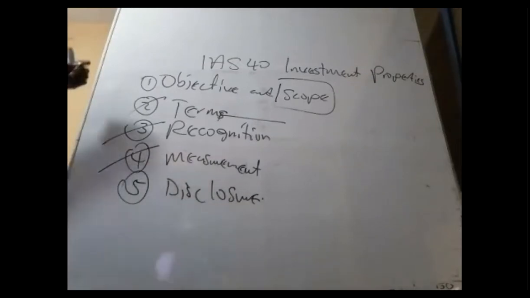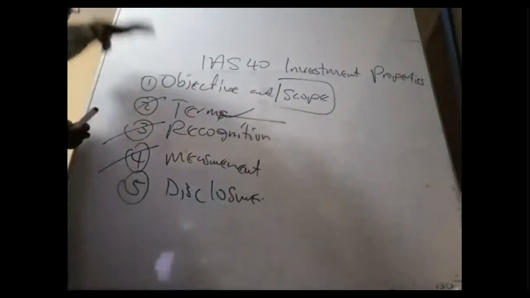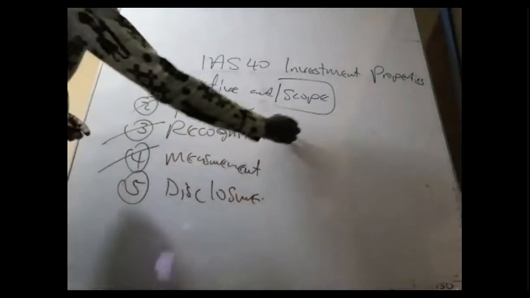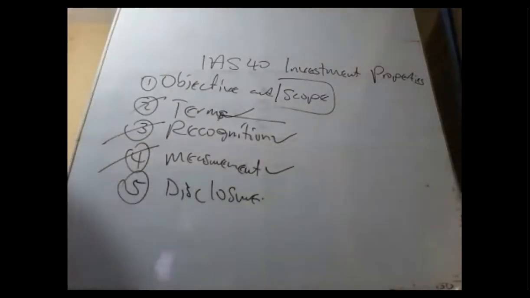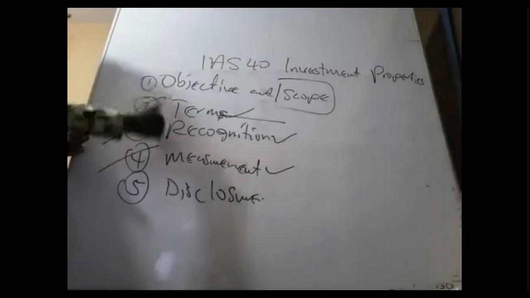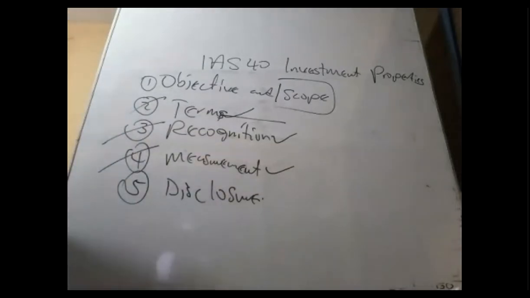I'll define some of the terms, especially investment property, and go to recognition, and finally land myself on what? Measurement. So let me just summarize just 3 sections so that we enter into question solving mode.